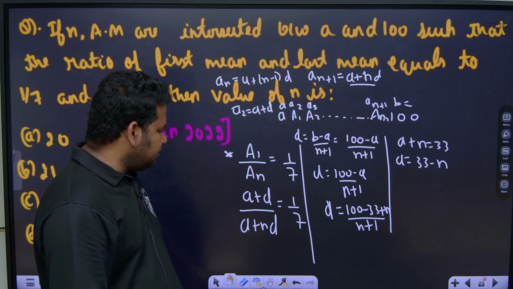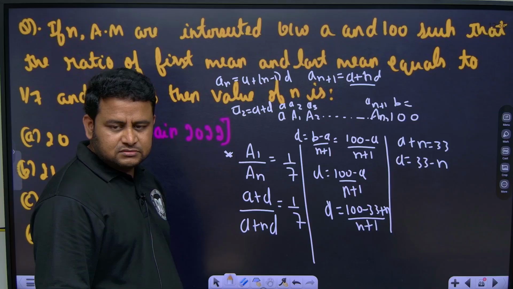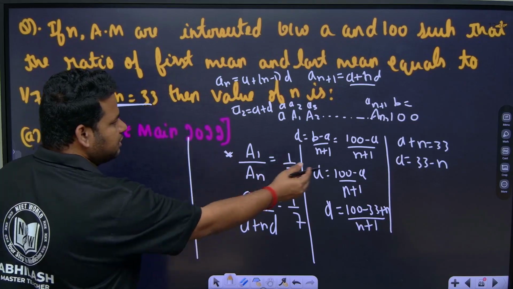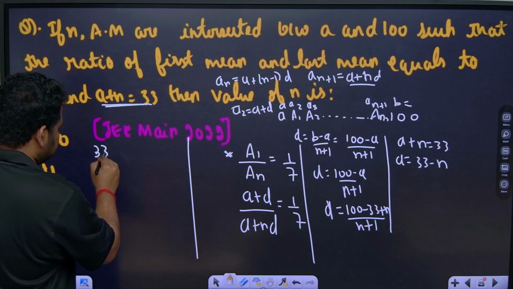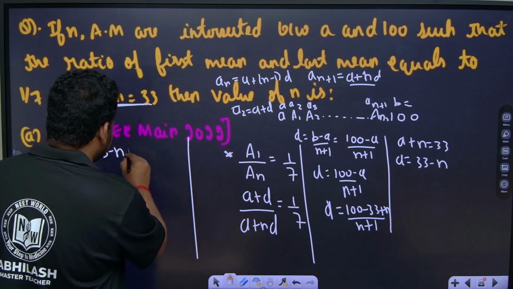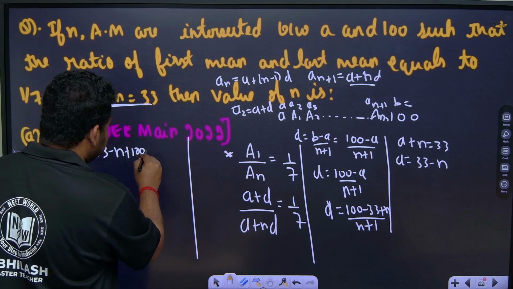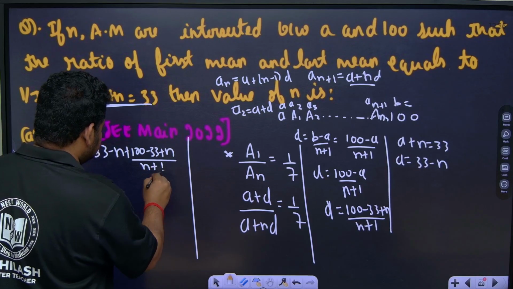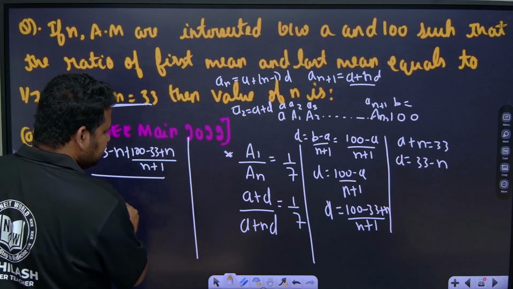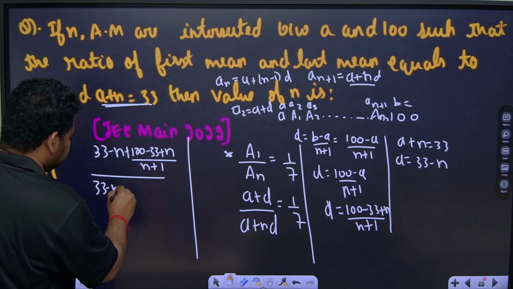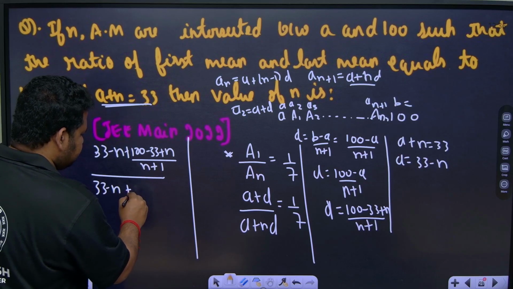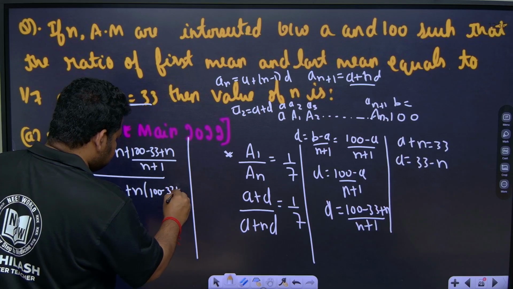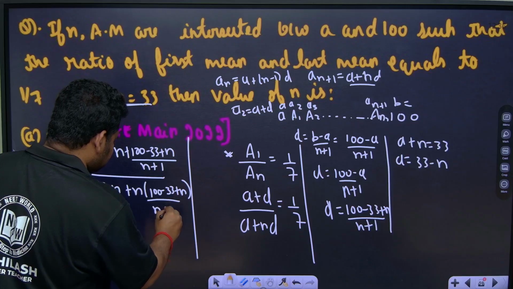Wherever d is there I will put this value and find the ratio. A plus d will become (33 minus n) plus (100 minus 33 plus n) by (n plus 1), divided by a plus nd, which is (33 minus n) plus n into (100 minus 33 plus n) by (n plus 1).